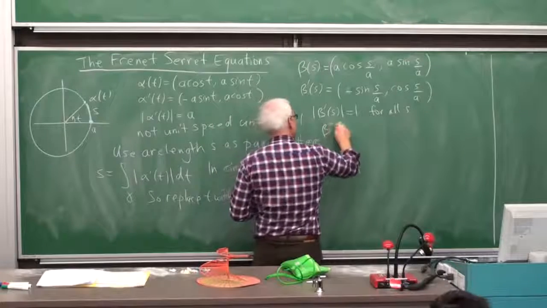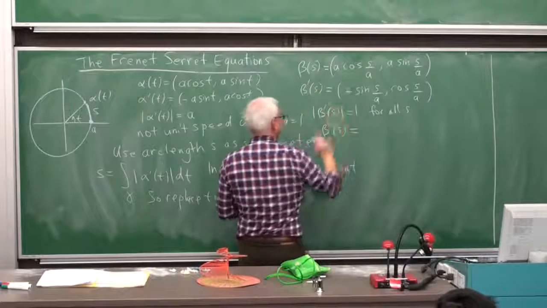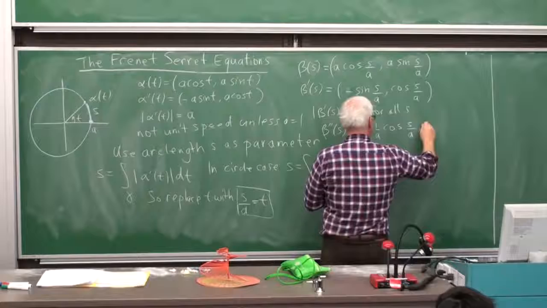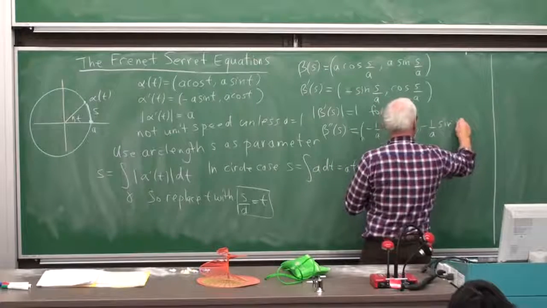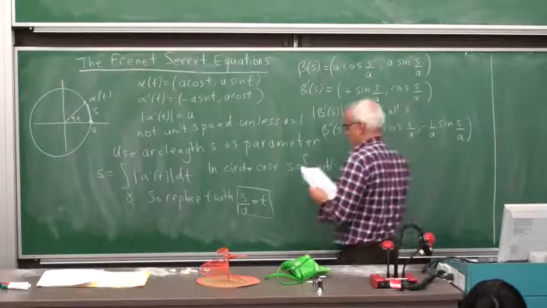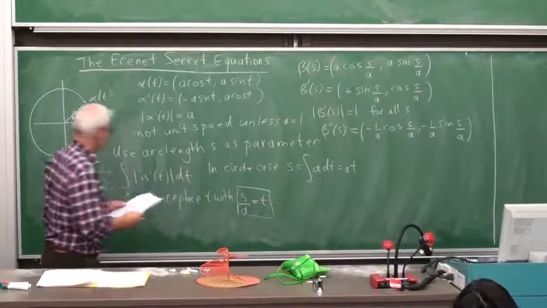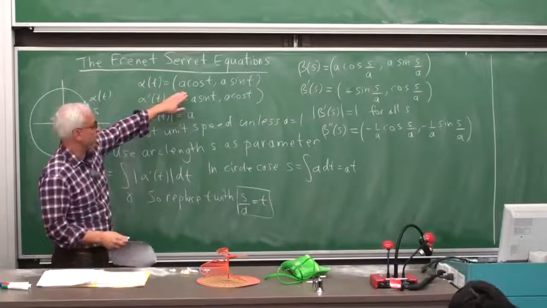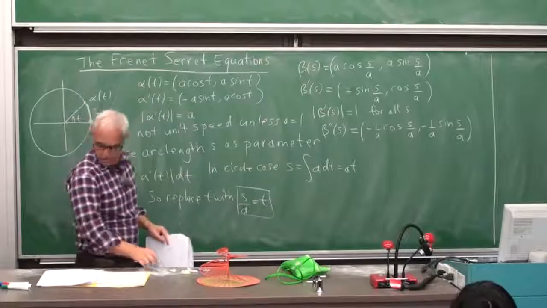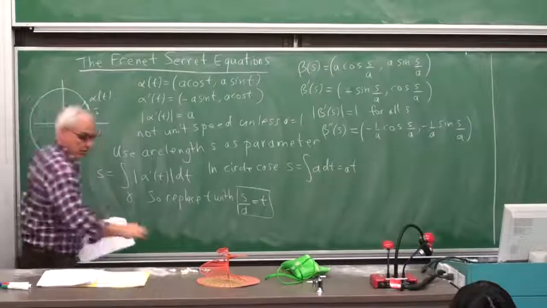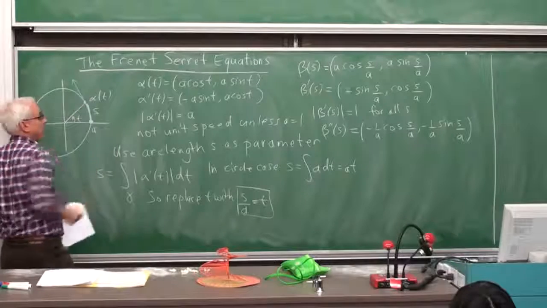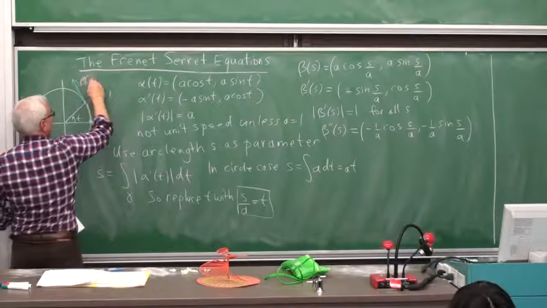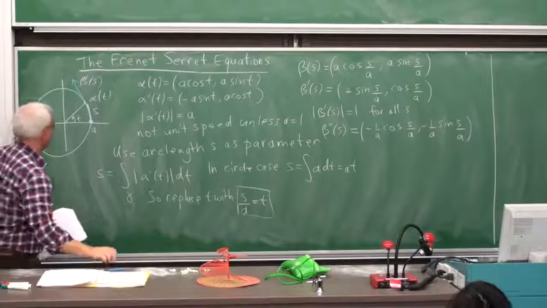Its velocity has length 1 at all times. And the acceleration, beta double prime of s, one more derivative, we're going to get minus 1 over a cosine s over a, and minus 1 over a sine s over a. And that's a vector pointing in the opposite direction from where we started. So maybe our tangent vector beta prime of s, and then beta double prime of s will be in this direction.